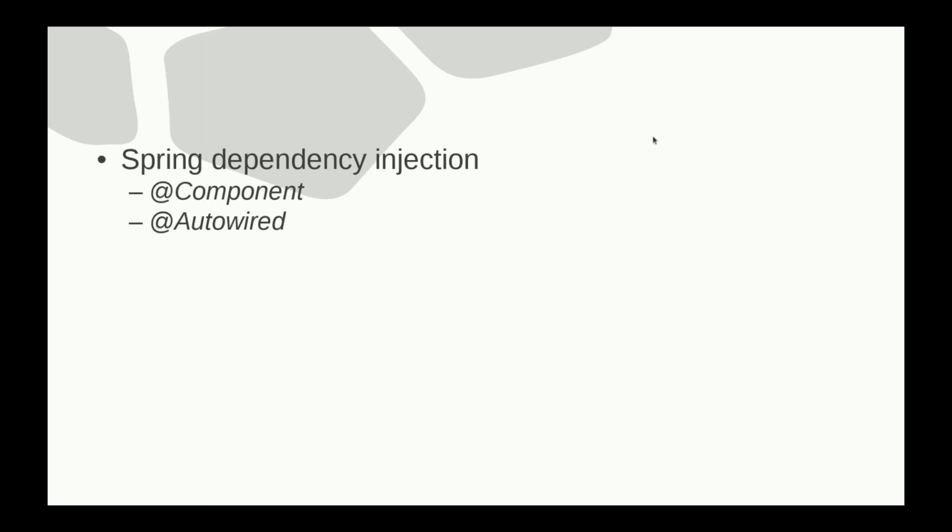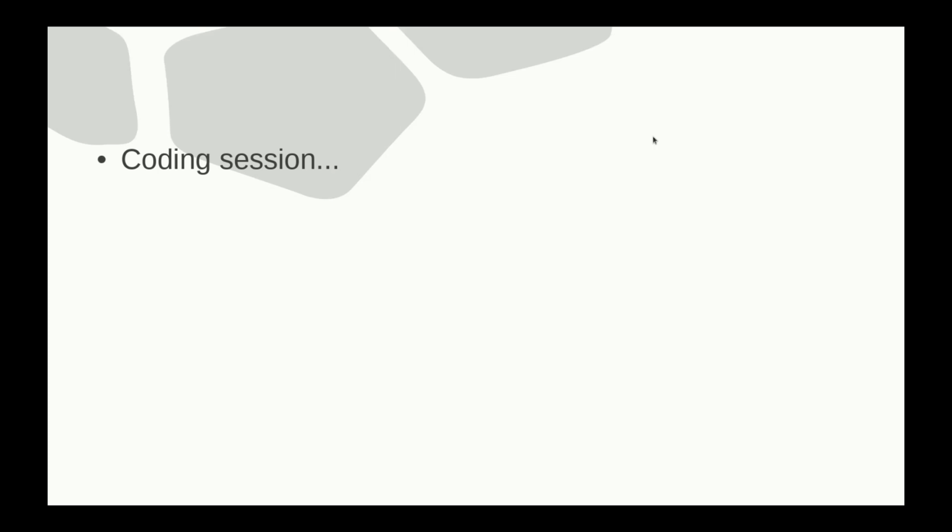There are two main annotations that most of us need to understand and be able to use in our project to utilize this advantage of Spring Dependency Injection. One of them is @Component, and the second one is @Autowired. So let's go back to our coding session, and let me show you how dependency injection works in Spring Framework.